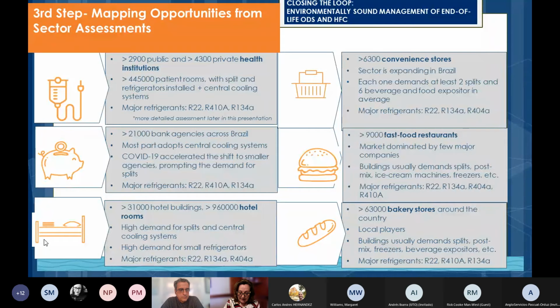The second line, the big bank line, is the finance sector with over 21,000 bank agencies, mostly with central cooling systems. The pandemic accelerated the shift to smaller bank branches, promoting the demand for more split units with R22 and R410A. There are other sectors and other opportunities, as you can see in the slide, but we're not going to be addressing them due to time constraints. Next slide, please.